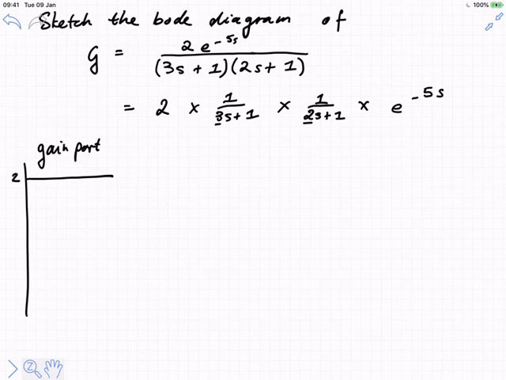So the corner frequency I'm talking about is that these diagrams, the gain part looks like this, and that frequency is 1 over 3, and that this frequency is 1 over 2. And you can see that 1 over 3 is a smaller number than 1 over 2, right? And the gain part of the dead time is just 1 all the way.